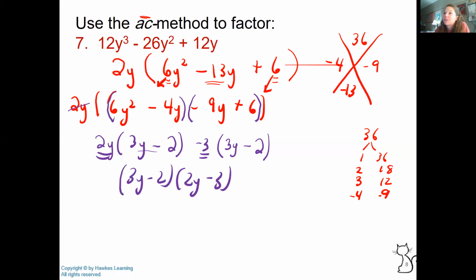Here we're going to pull it down. And that is the final answer. We have factored using the AC method. Now you might have to watch that a couple of times, but that's a good one to practice. All right, I'm going to erase all this and we're going to do another one.